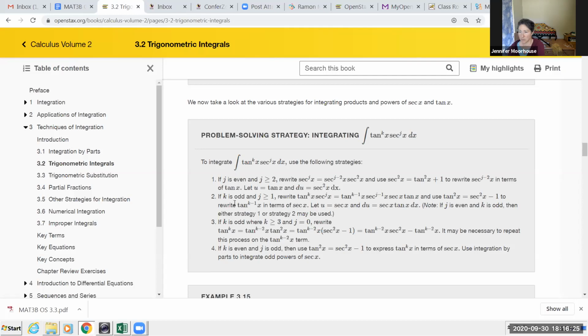So if a is even and j is odd, then we use tan squared equals secant squared minus 1, and use integration by parts to integrate odd powers of secant.